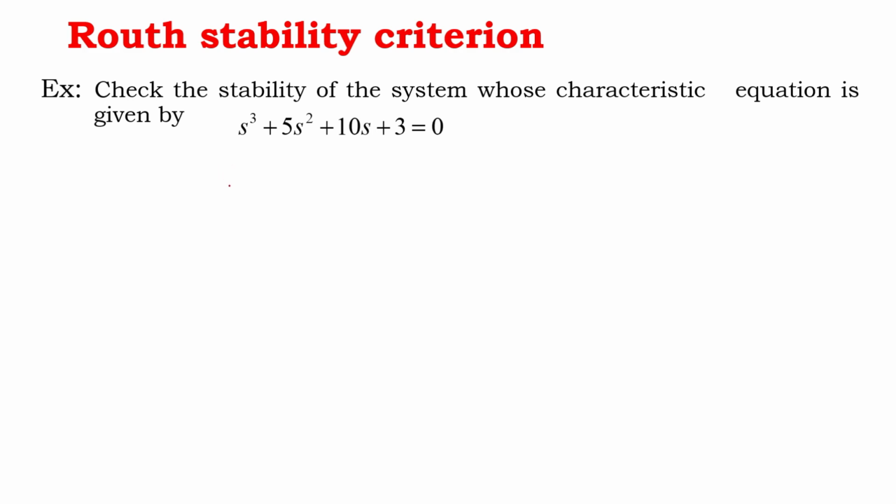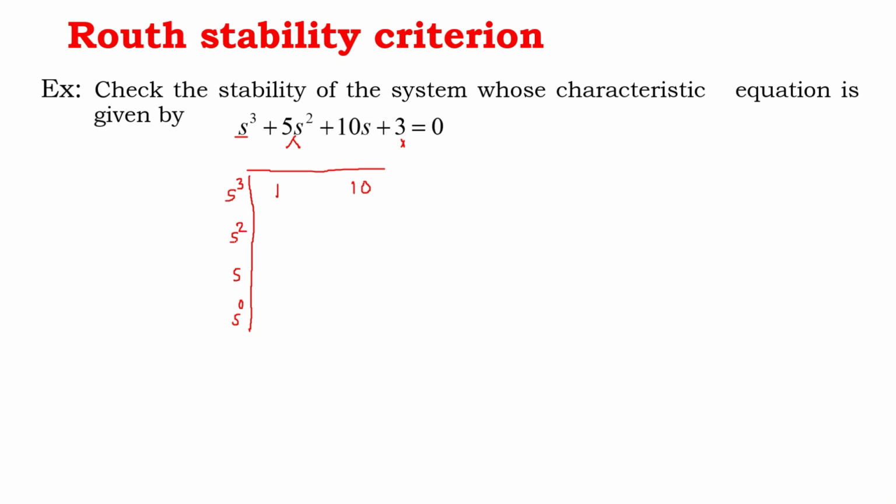To solve this, first we write all the powers of s in descending order: s^3, s^2, s, and s^0. Next, we write the coefficient of s^3 first, which is 1. Then we leave the second term and write the third term; its coefficient is 10. Again we leave the next, as the next coefficient is not there.